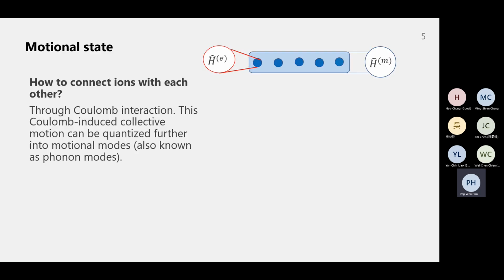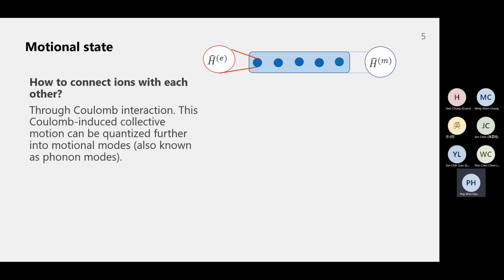Now let's talk about the motional states. We know that ions are charged particles, so they interact through Coulomb interactions, but at the same time they are confined by electric potentials. As a result, they form collective motions. This collective motion has a classical analog from classical mechanics, which is the normal modes.